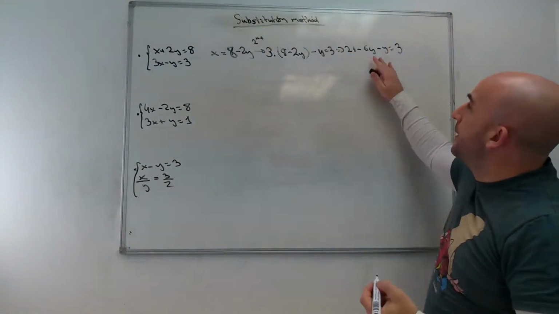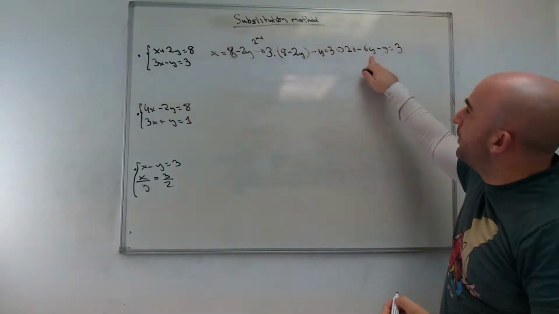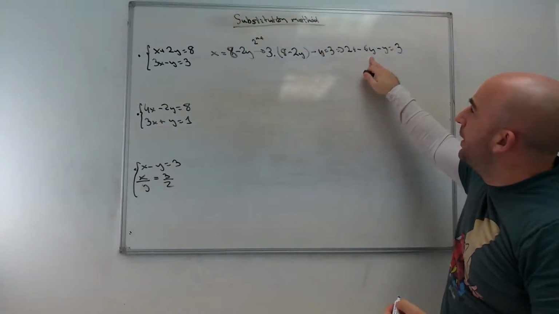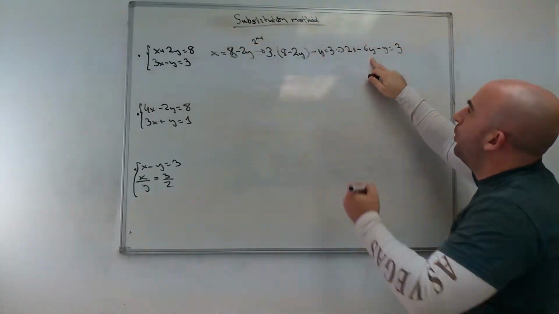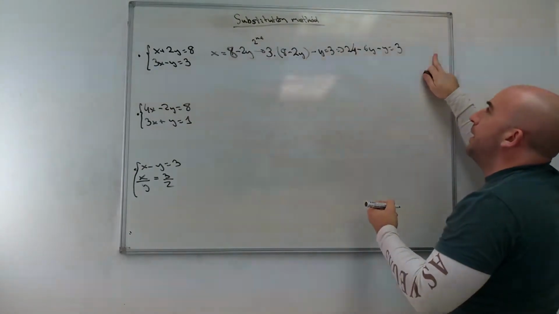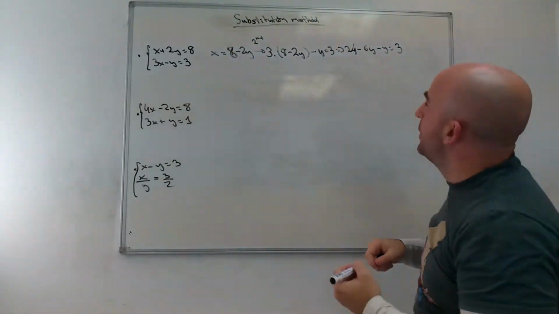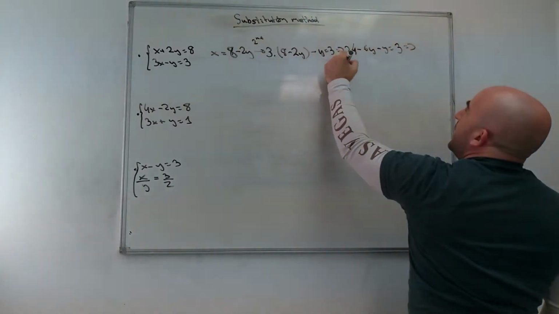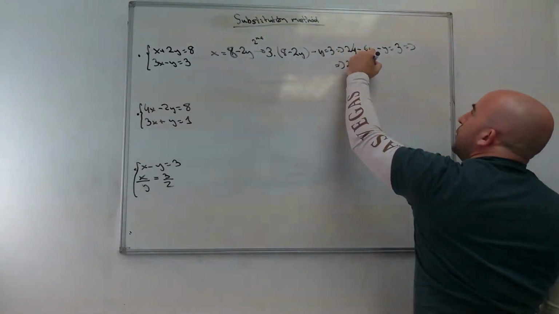And this we have to solve. The y is negative in both cases. So what I'm going to do is send it to the other side so that it's positive. So what we have here is 24 minus 7y equals 3.